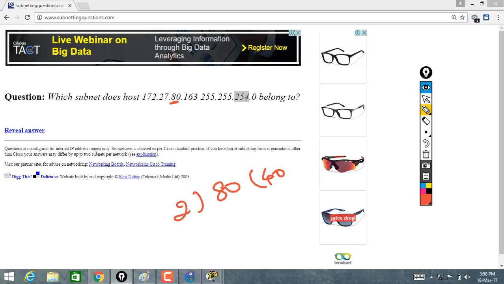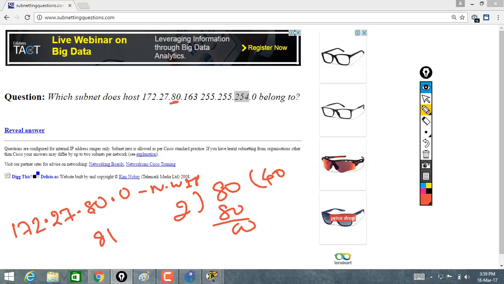From this I come to know that it divides exactly, so this is definitely a network ID. 172.27.80.0 will be the network ID, and the block size is 2, so it will go from 80.0, 80.1, 80.2, till 80.255. Again it will change the network bit, and it will go like 81.1, 81.2, till 255. This will be the broadcast ID, and this will be the network ID.